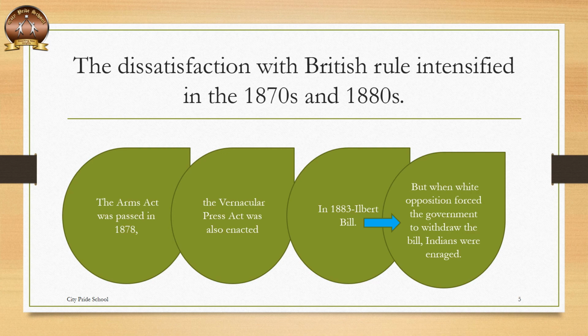Children, now in the year 1883, there was an attempt by the government to introduce Ilbert Bill. Now the bill provided for the trial of British or European persons by Indians and sought equality between British and Indian judges in the country.